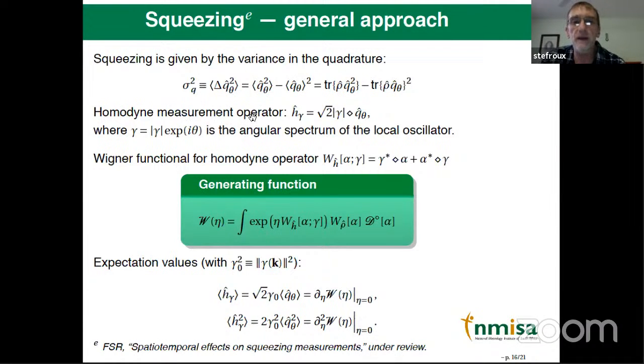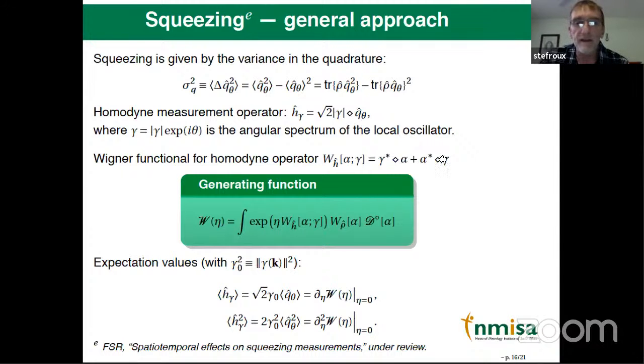The measurements are made with the aid of a homodyne experiment, and the operator for the homodyne experiment can be expressed as this generalized quadrature operator contracted with the magnitude of the mode of my local oscillator. So the local oscillator has a magnitude and a phase. The phase determines the direction of my quadrature operator in phase space.